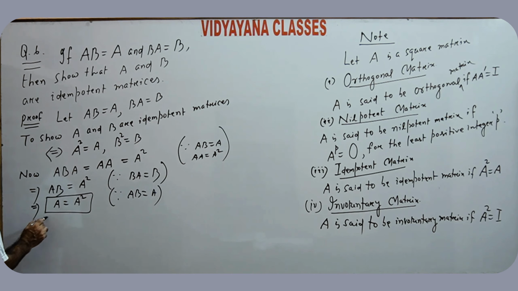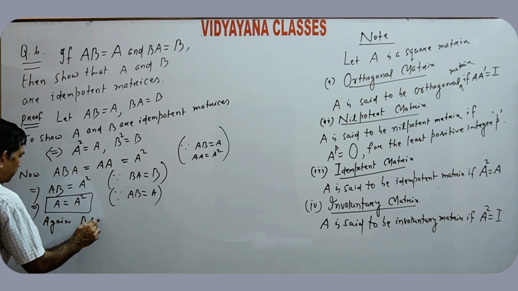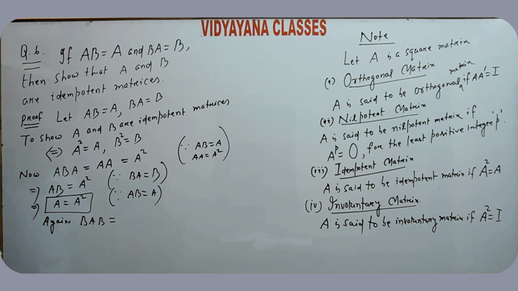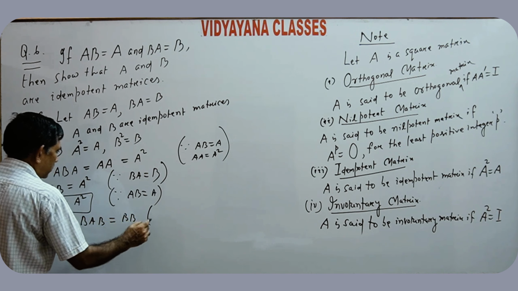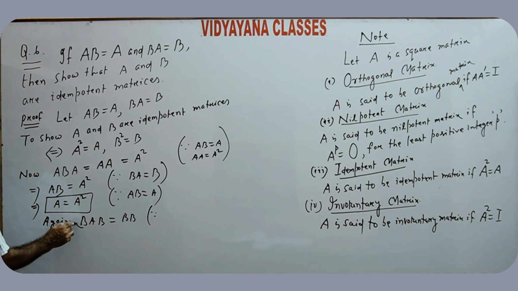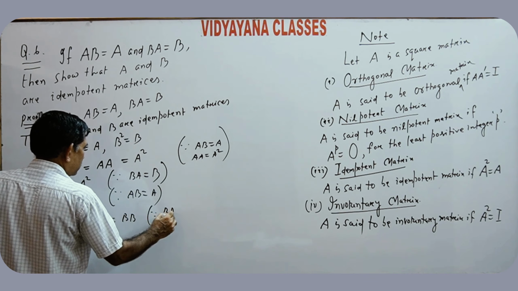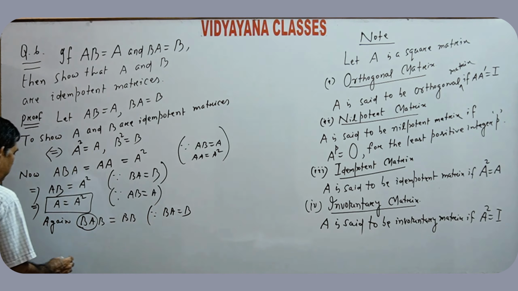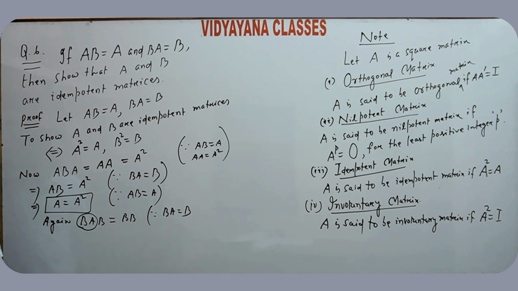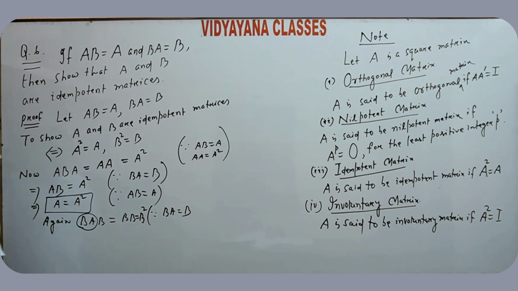Again, BAB is the same as B into B. Since BA is equal to B, BAB is equal to B square.